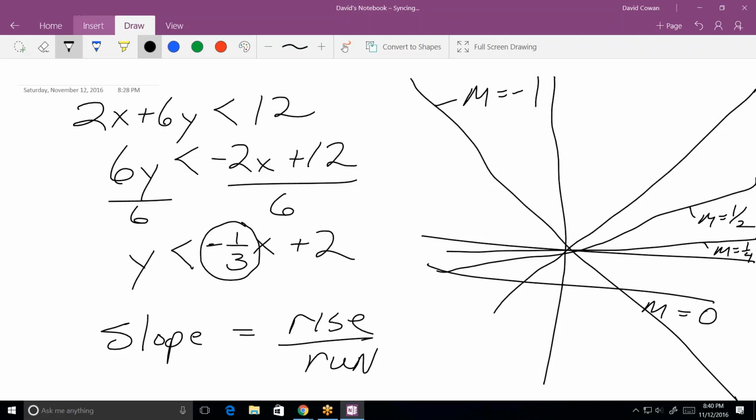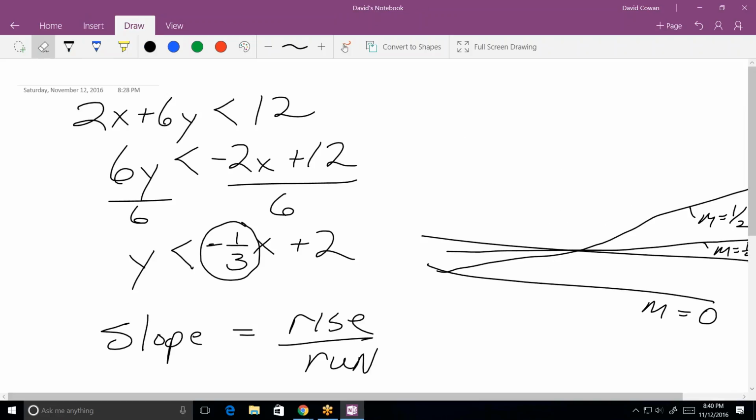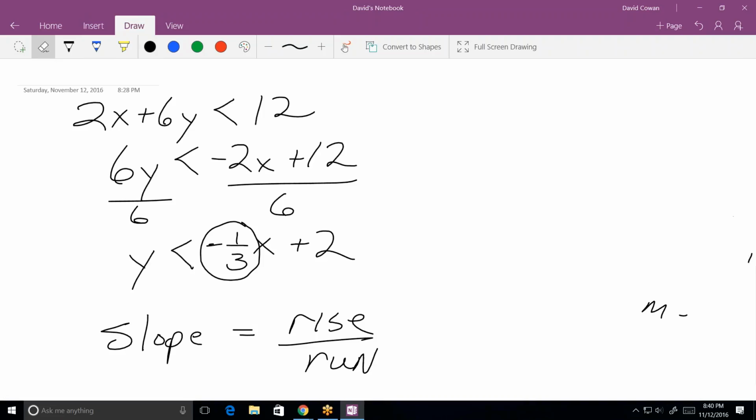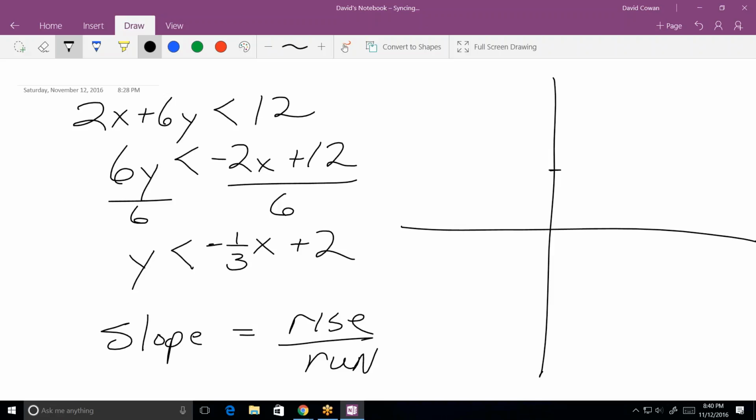All right, so let's go back to your problem. We've got y is less than -1/3 x plus 2. Well, let's graph that. I started at 2. That's the y-intercept.